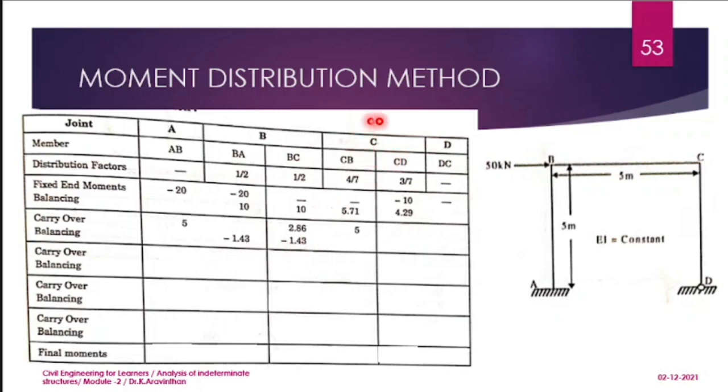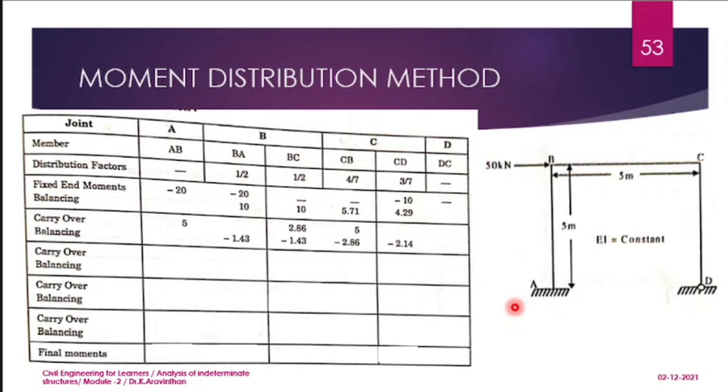Likewise at joint C, what is the moment here? You have 5. So you apply minus 5 into 4 by 7, which is minus 2.86. And minus 5 into 3 by 7 will be minus 2.14.